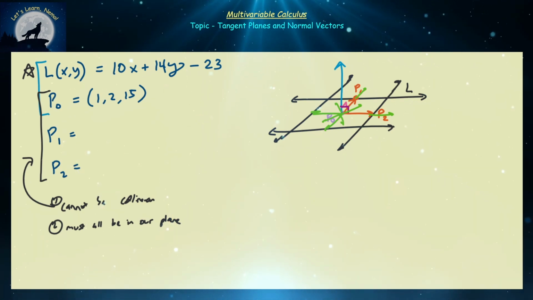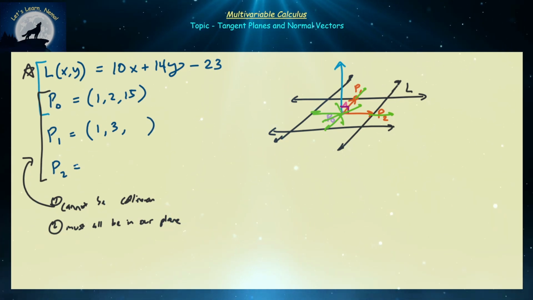So what I like to do personally is increment my x values by 1, or my y values by 1, and keep everything else fixed. So for example, for P1, if I stay consistent with my picture, it looks like I've incremented my y by some value. So I'm going to increment my x by 0 and increment my y by 1, and then we're going to have some associated z value because it's not necessarily a flat tangent plane.